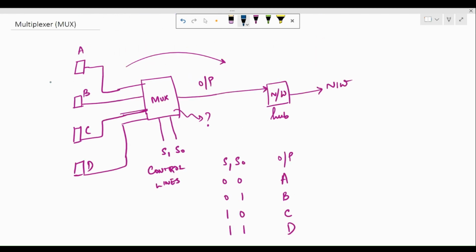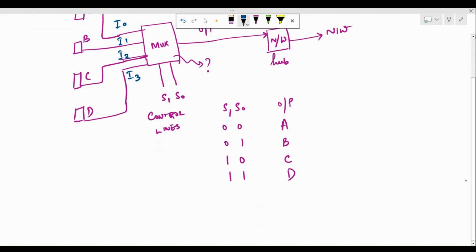Say the input from device A is I0, from B it is I1, I2 from C, and I3 from D. Now we are going to replace these A, B, C, D with the inputs I0, I1, I2, and I3. So here we can form the expression for the output of the multiplexer, F MUX.